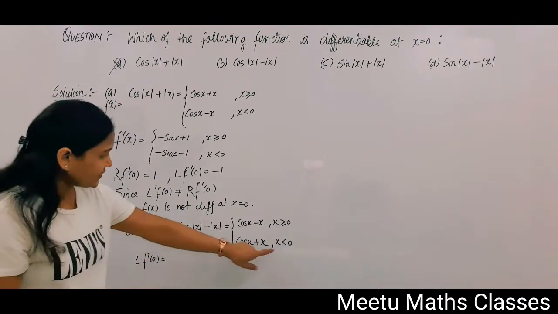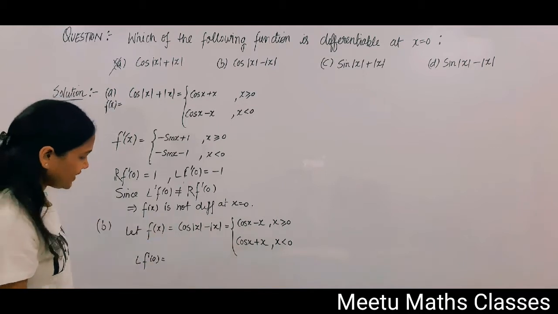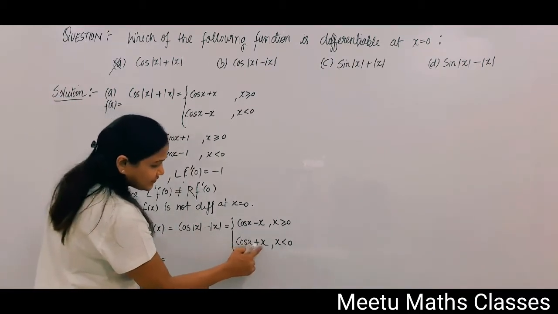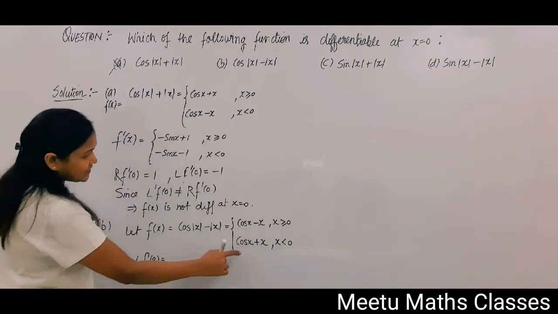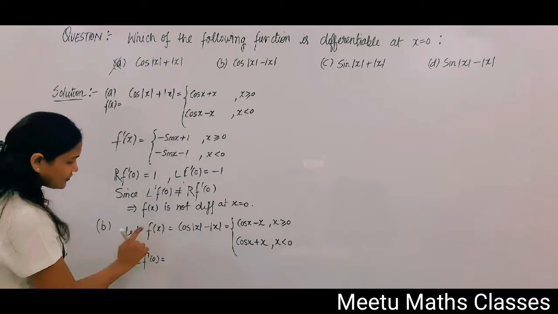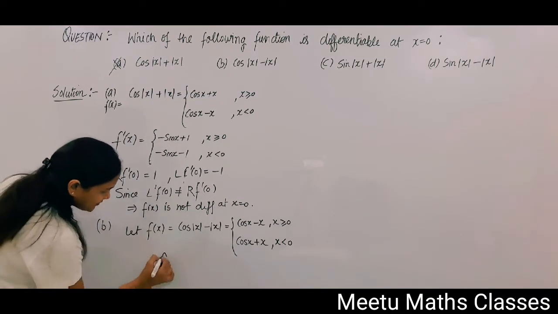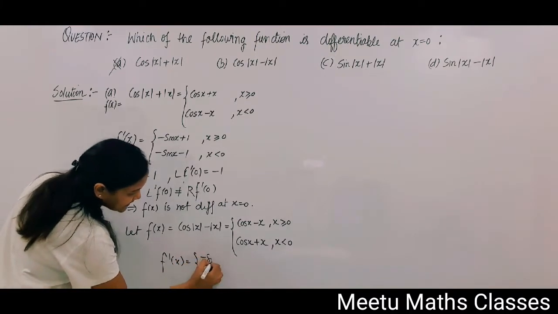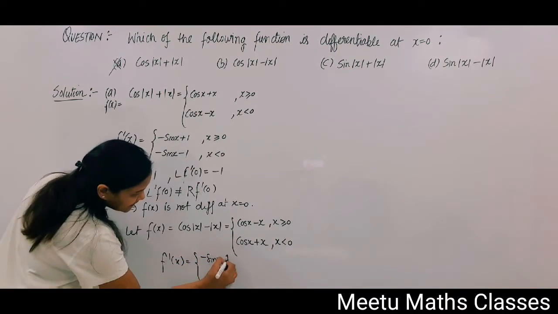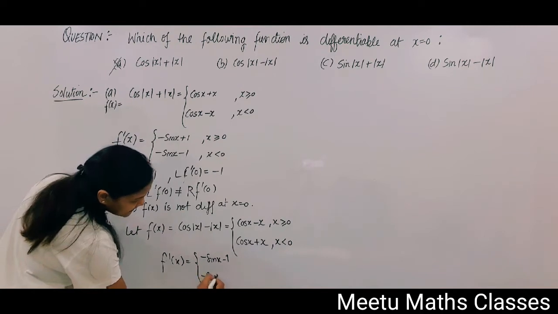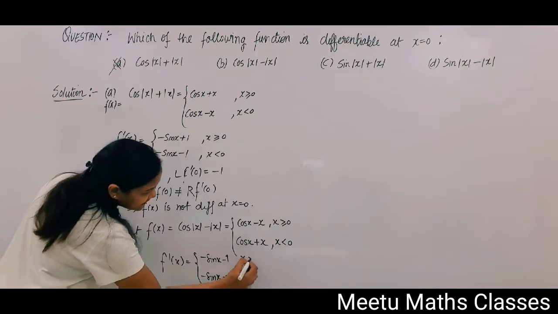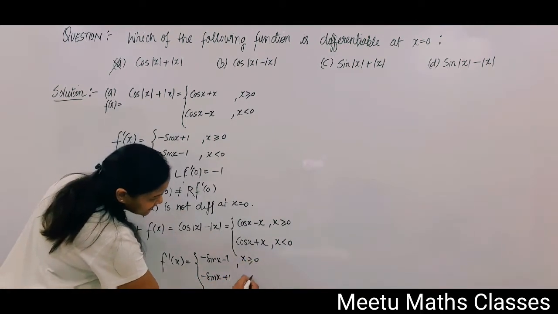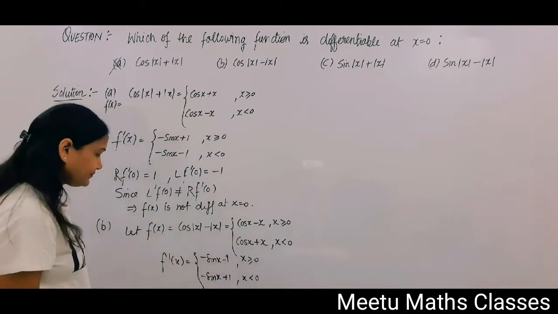First of all find out the derivative function, and the derivative function will be equal to minus sin x minus 1 when x is greater than or equal to 0, and minus sin x plus 1 when x is less than 0.